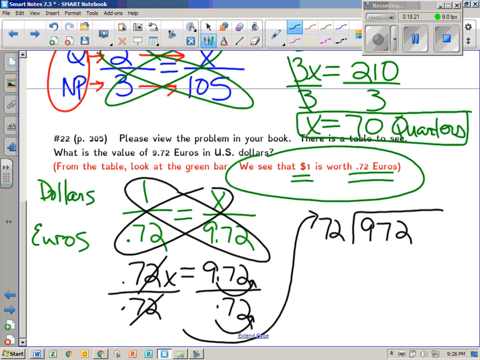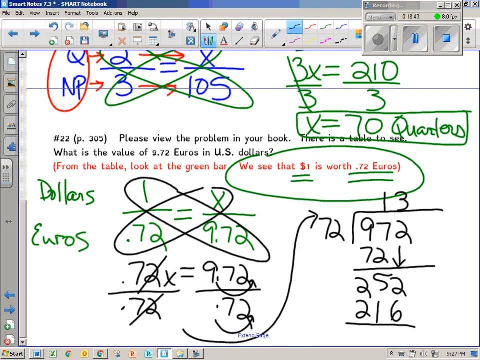Because that goes once, that's 72. Subtract, bring down. So 72 into 252, it's going to go about like 3 times. Let's see, 3 times 2 is 6, 21.